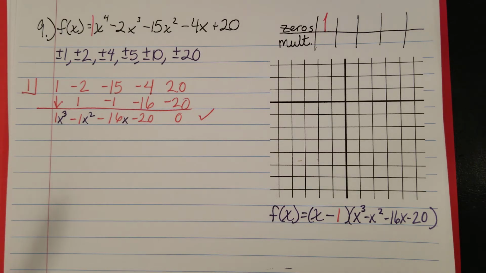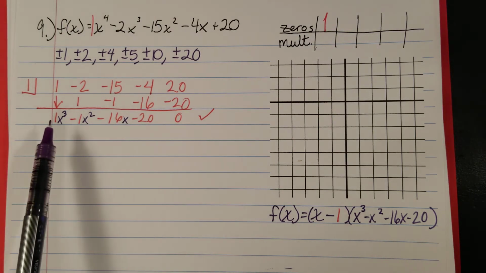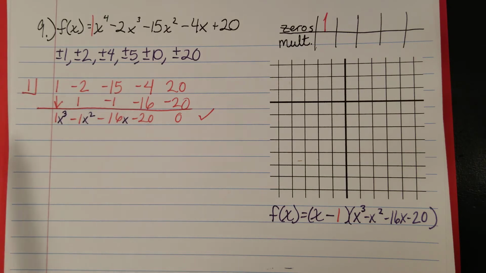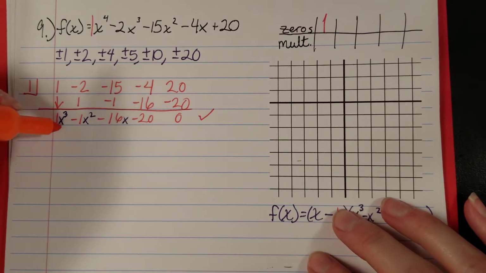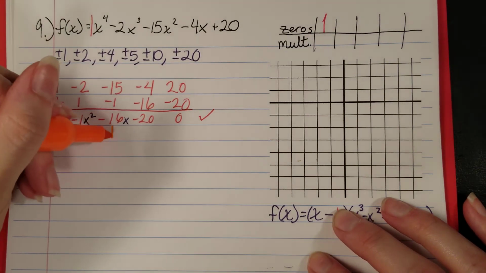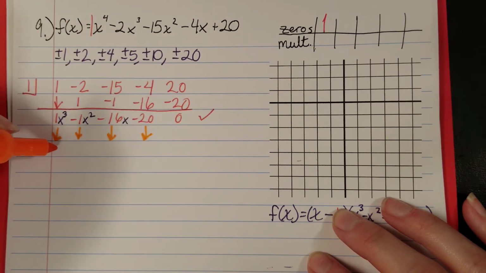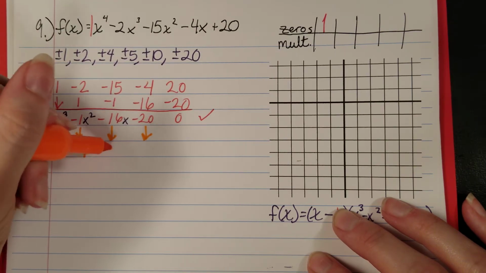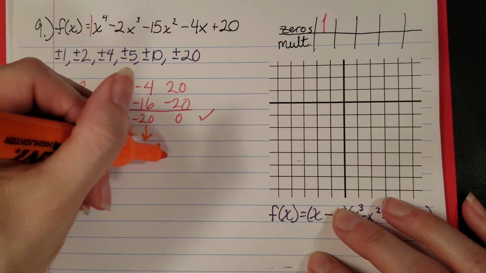Okay, so we don't know yet what the multiplicity of this 0 is, so we actually need to do this again, but we're just going to use the coefficients from this polynomial. So basically we're going to bring these coefficients down: 1, -1, -16, -20.